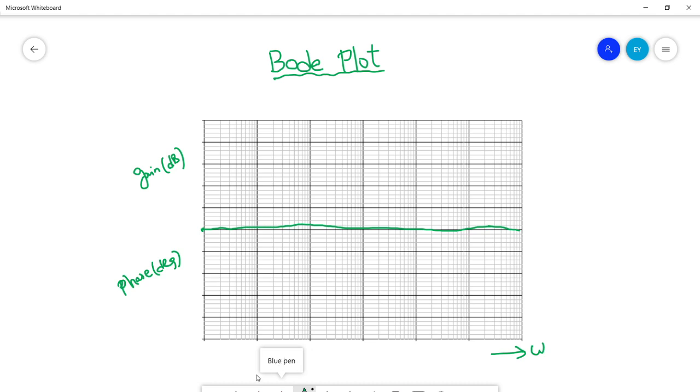When you are starting a plot from the left corner here, let us consider it as the minimum frequency, which I will take as 0.1. From there, the next dark line is considered as omega equal to 1 radian per second. The next one will be 10.